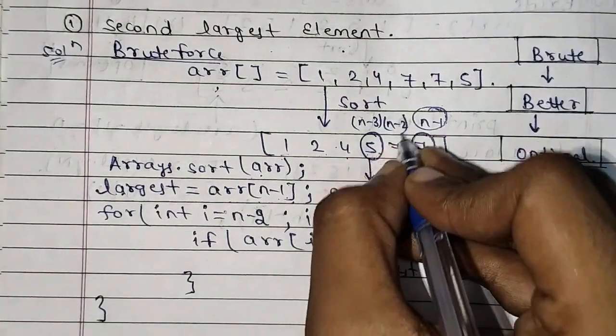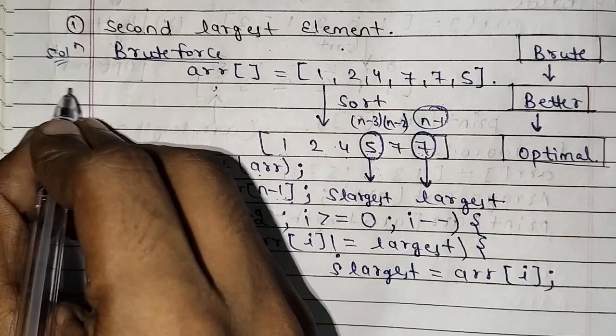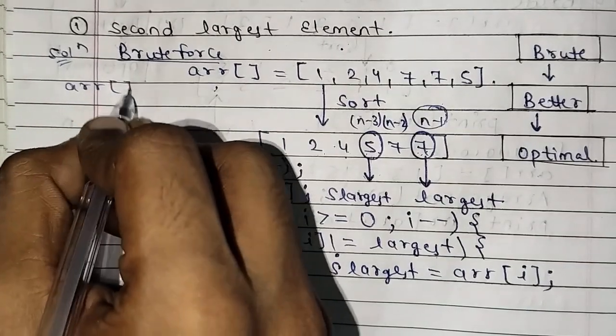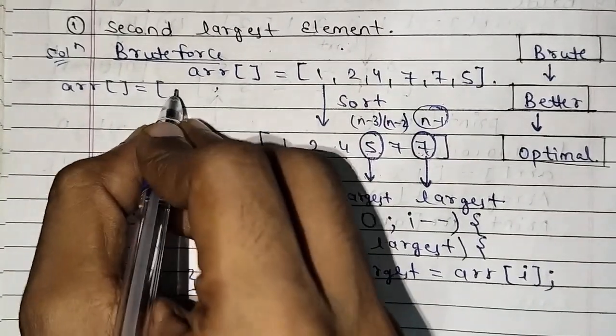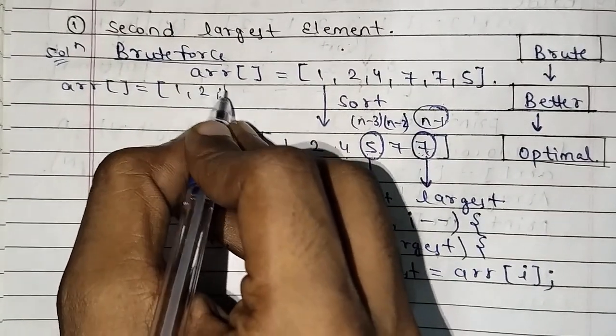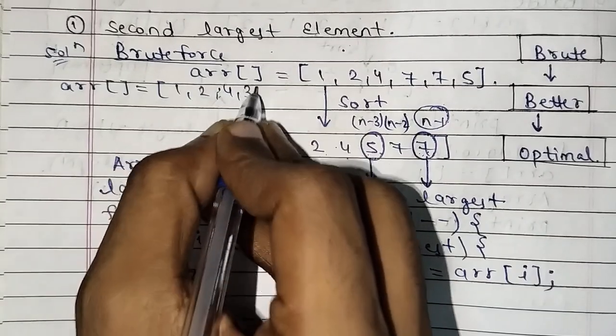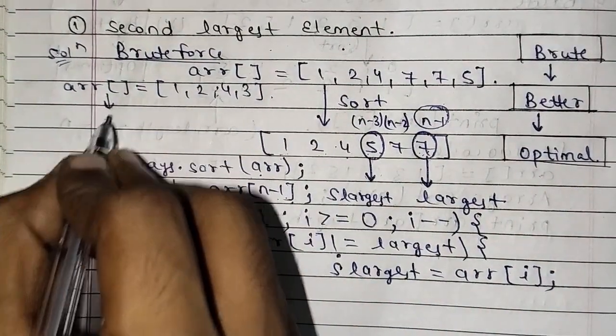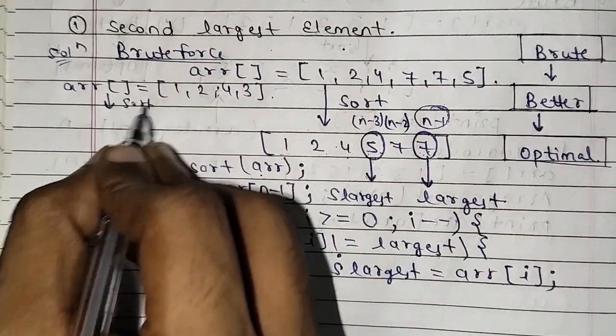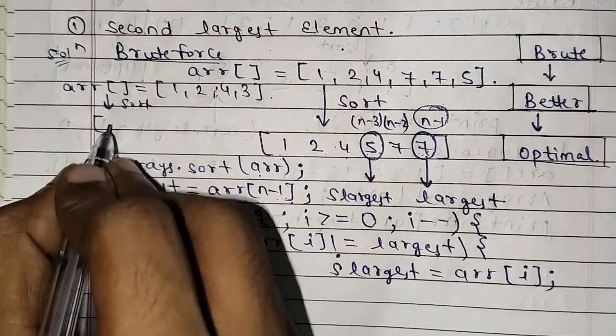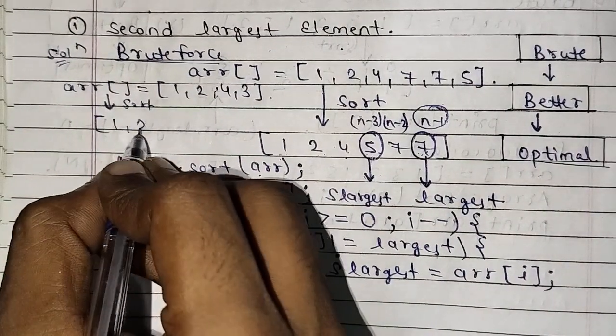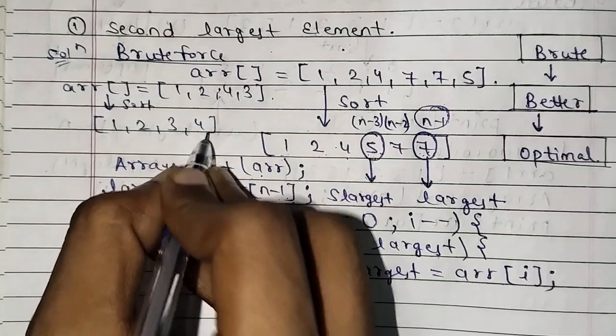Because sometimes arr is something like 1 2 4 3. After sorting, arr becomes 1 2 3 and 4.